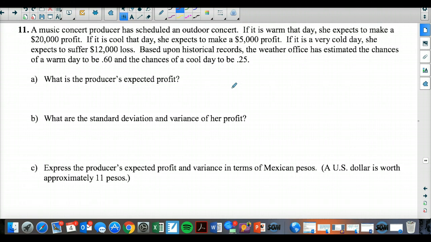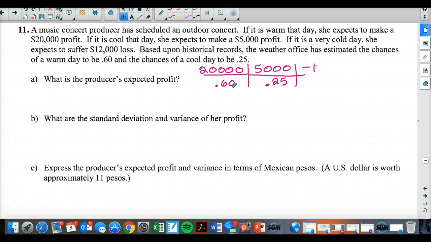What is the probability of a very cold day? 0.15? 0.05? 0.15 is what I have. Okay, so look, hold on. If you turn this into a model, $20,000 is for a warm day, right? And you expect to have a cool day is $5,000, and the probability of a cool day is 0.25.